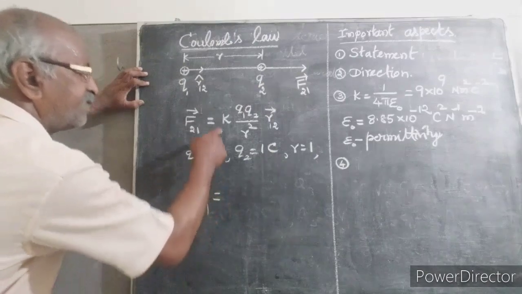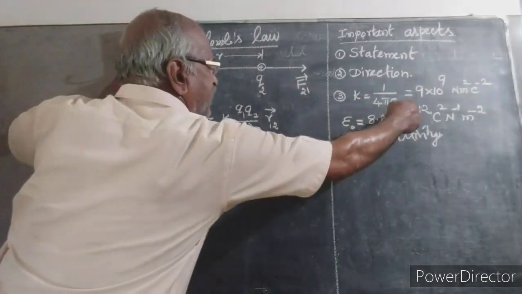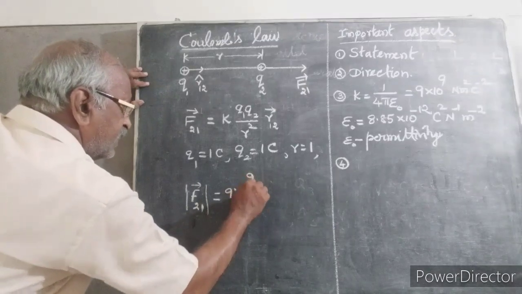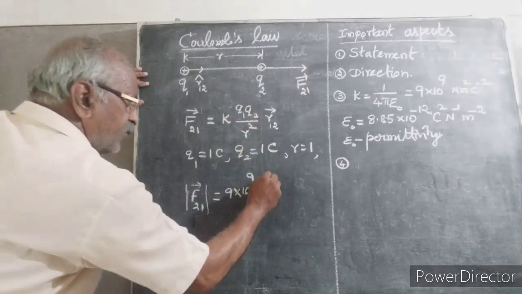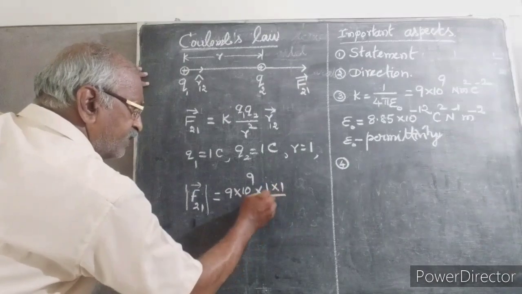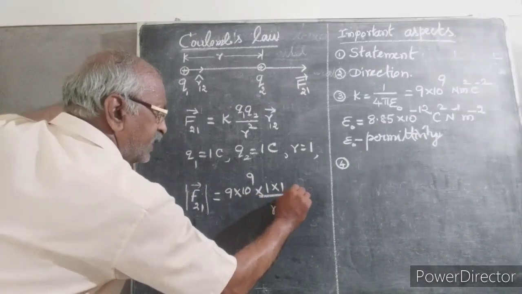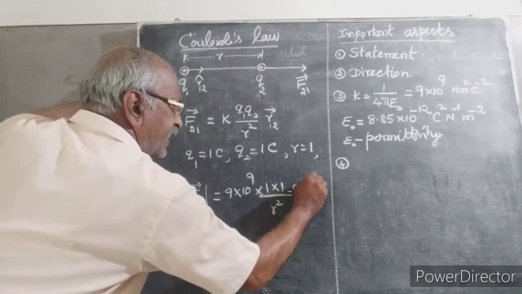You can write this as K, 1 by 4 pi epsilon naught, 9 into 10 power 9, Q1 into Q2, 1 into 1 by 1 square. So this is 9 into 10 power 9 Newton.